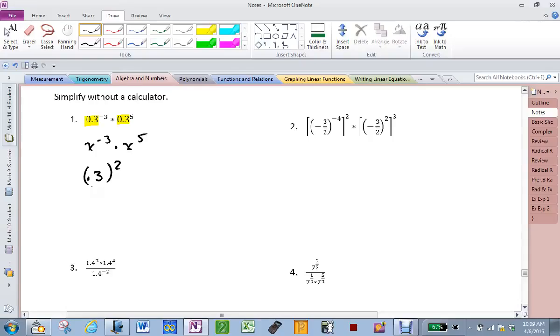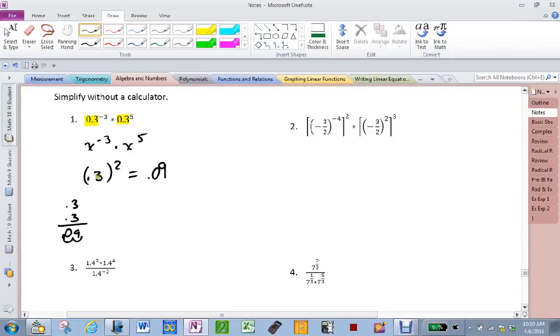It is 9 something. 9's involved. What's the answer? Don't go to your calculator, cheater, pumpkin eater. I can't do math by myself. Yes, you can. What is 3 squared? 0.3. What is 3 squared? 9. How many decimal places do I need? 2, because that's 0.3 times 0.3 to get 9 with 2 decimal places. 1, 2. 0.09.